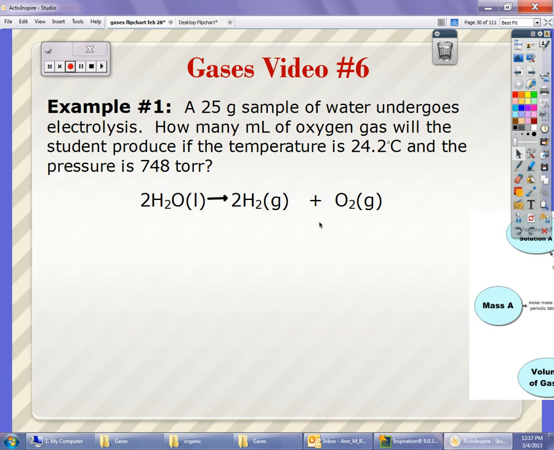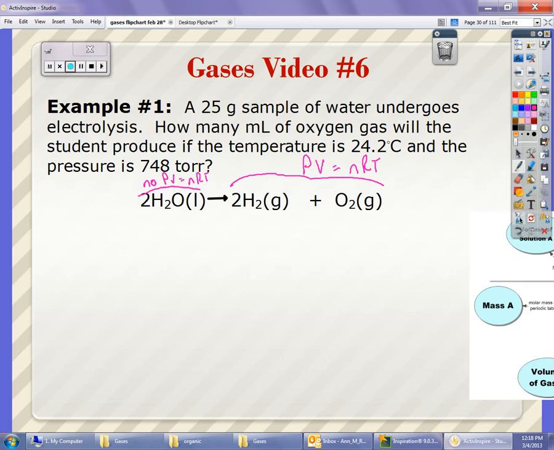Notice hydrogen and oxygen are gases, but water is a liquid, which means that for these two, it would be possible to use PV=nRT. But you cannot use PV=nRT down here because this is a liquid, and it cannot be used on chemicals or compounds that do not include a gas.